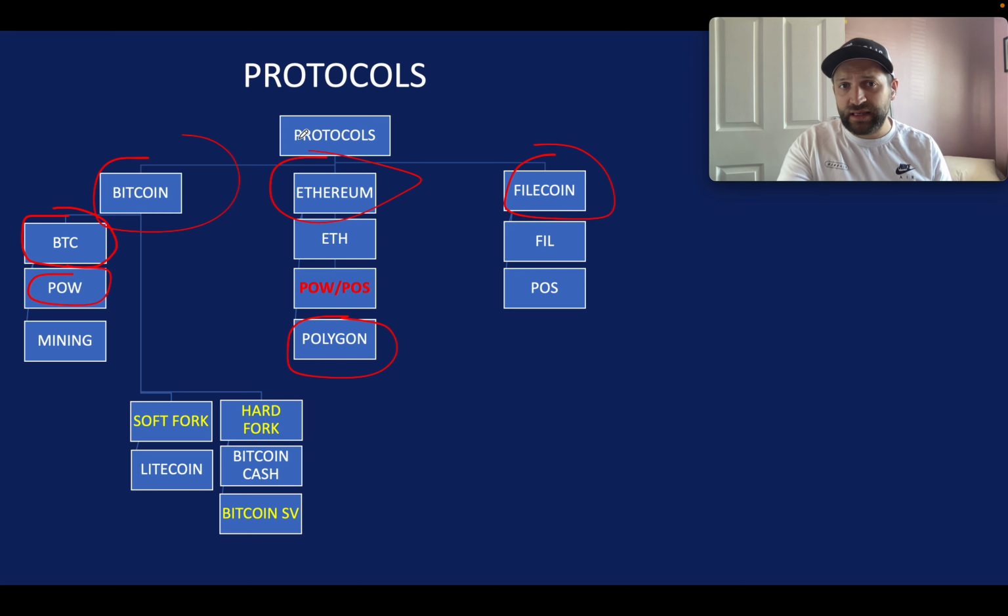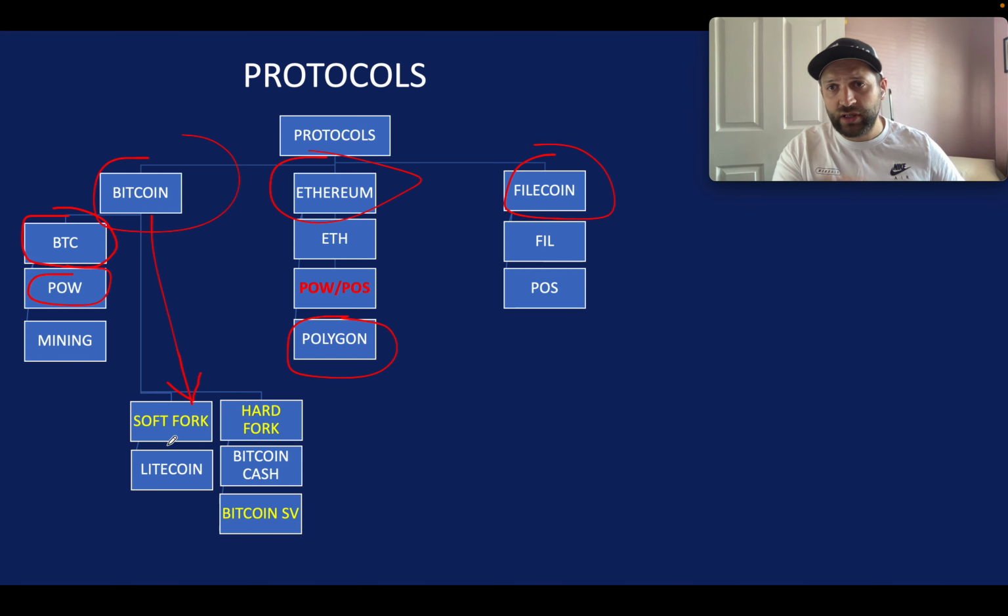So what we're looking at here, the protocol is the layer 1 blockchain, the very base of the blockchain. And then you'll see here on Bitcoin, I've gone down here to show you basically what happens if someone doesn't agree with the Bitcoin blockchain, which has happened in the past. For example, you'll see here we got soft fork.